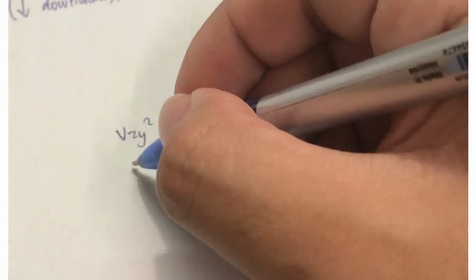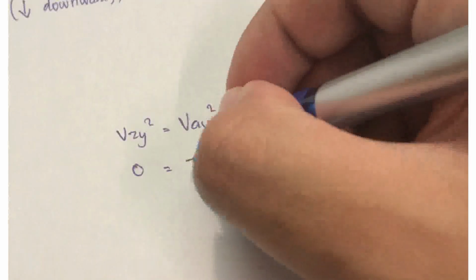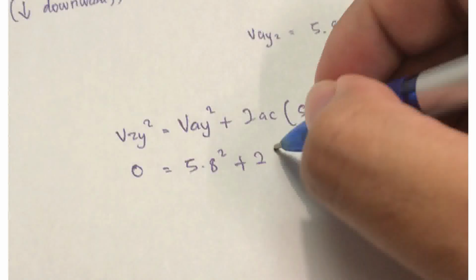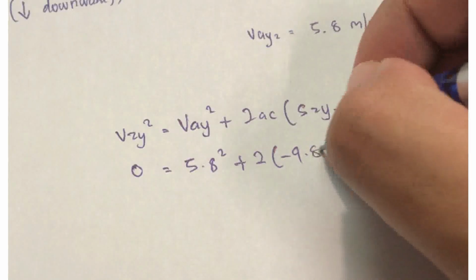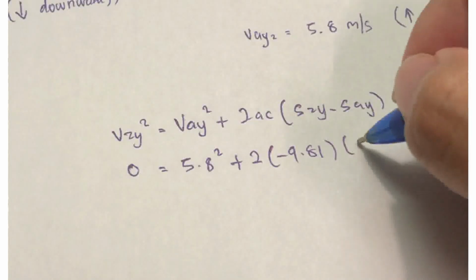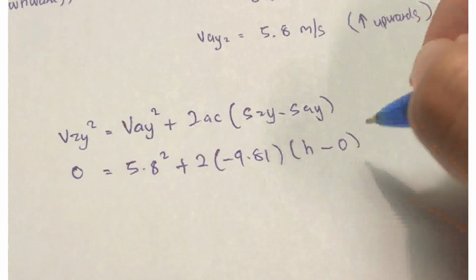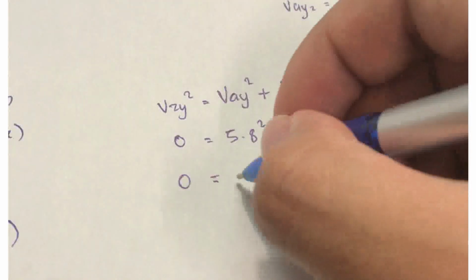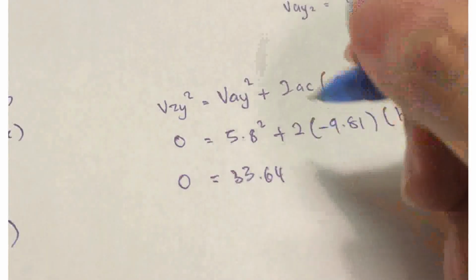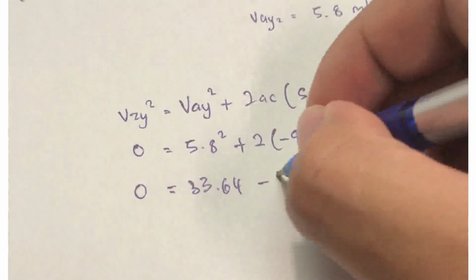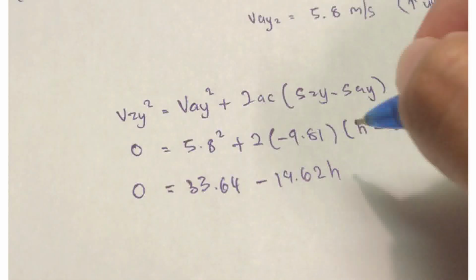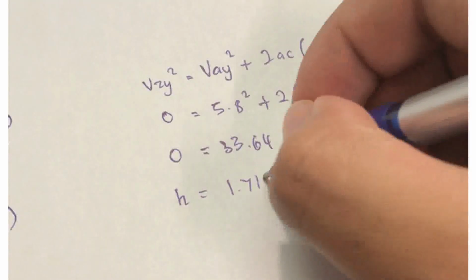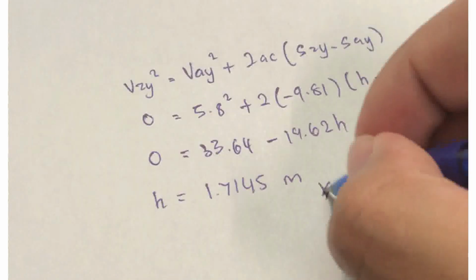Our V2y is 0, Vay is 5.8 squared, plus 2 times ac, which is negative 9.81, times S2y, which is our h, minus Say, which is 0. So we will get 0 equals 5.8 squared, which is 33.64, minus 19.62 h, and our h we will get 1.7145 meter. That's all. Thank you.